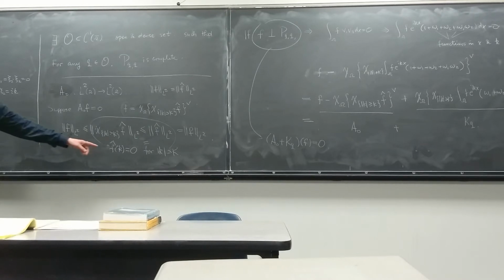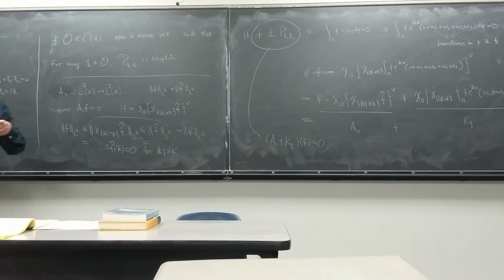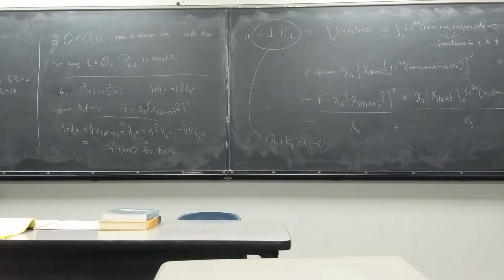So what exactly does this indicate? Now think about that F is a function defined on omega, okay? So before taking the inverse, take the Fourier transform, the function is equal to 0 outside omega. So you take the Fourier transform, that Fourier transform will be analytic.